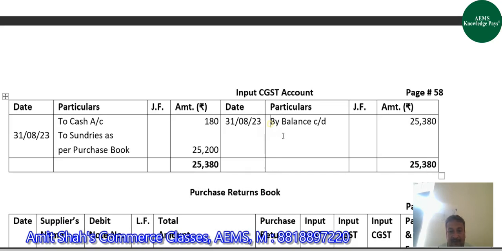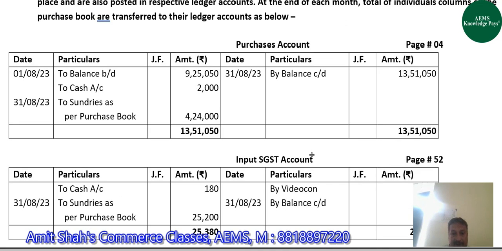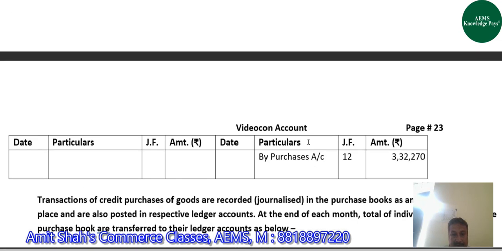Same way here also we'll have 2,520, and Videocon's account would be debited, and here we will write to purchase returns account.